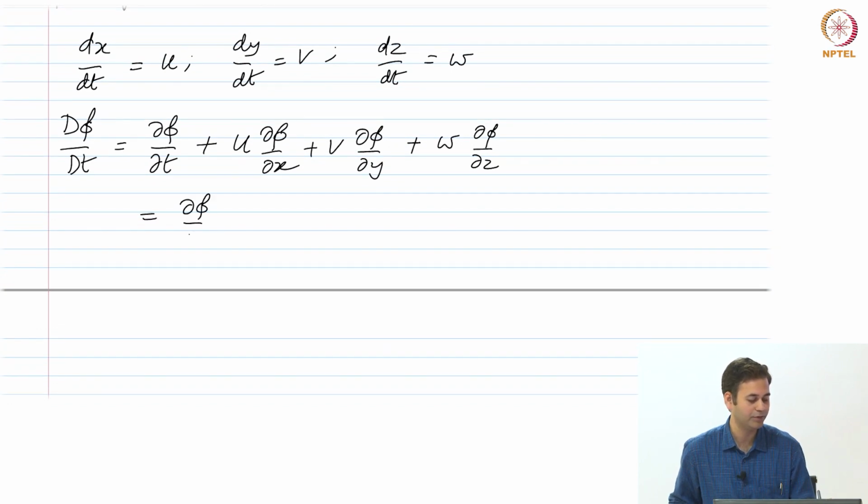How can we write u partial phi partial x, v partial phi partial y, w partial phi partial z? We could write it as the velocity vector, u bar, dotted with the gradient of the scalar field phi. So this will be u bar dot grad phi. So that is your D phi Dt.